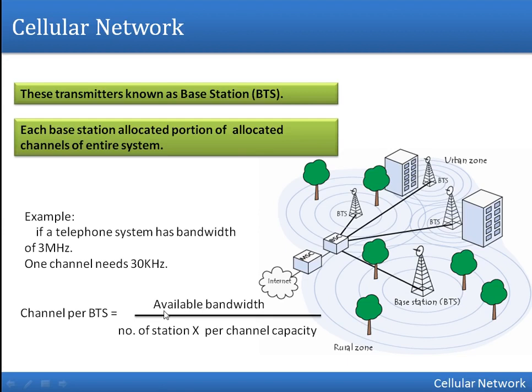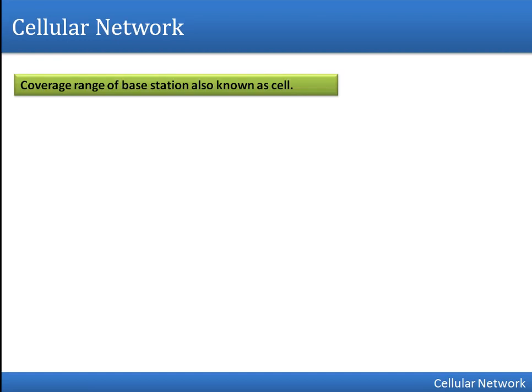The formula for that is available bandwidth divided by number of stations. It gives us the frequency amount allocated per cell. Now, how much frequency is required by one channel? If that is available, we divide the allocated frequency in one cell by that number, and it gives us the number of channels per cell.